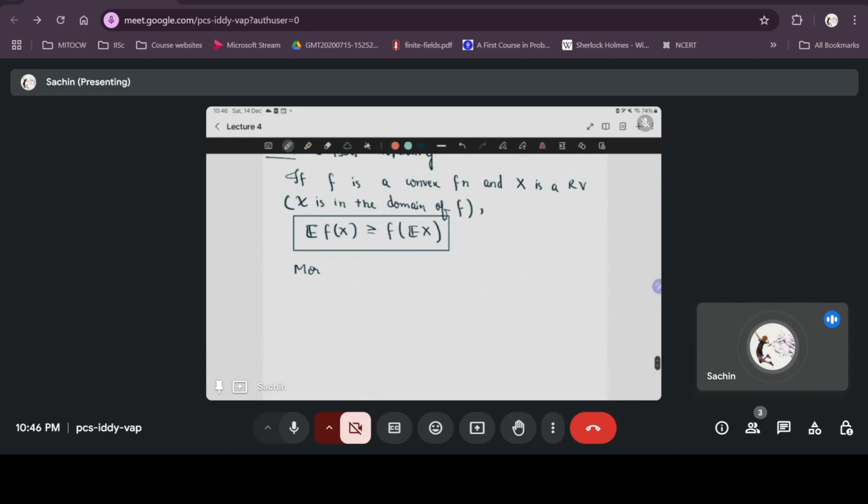So it says the expected value of f of x, but when there are more points, the probability distribution of f of x will be different, in the sense that there can be multiple random variable values that go to the same function value.